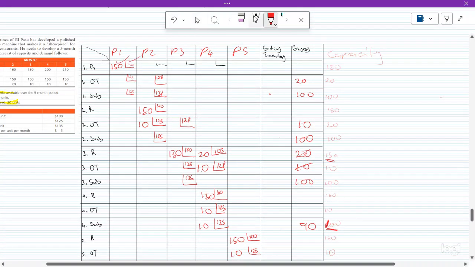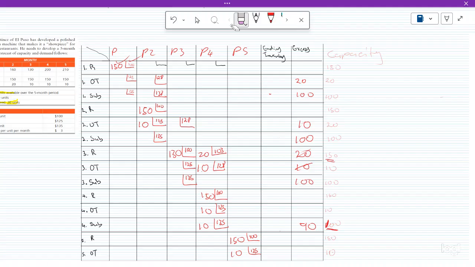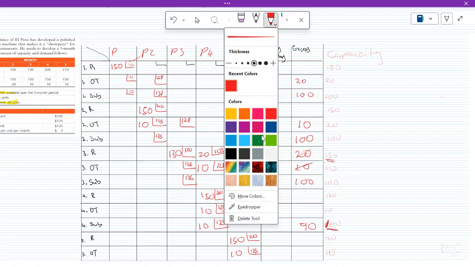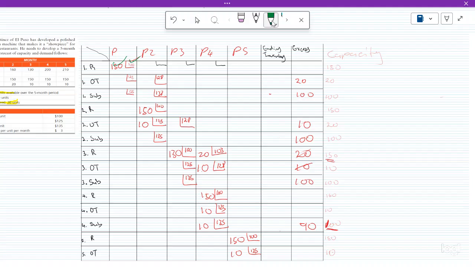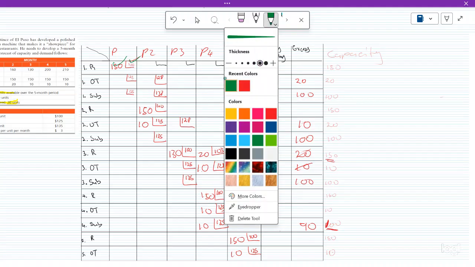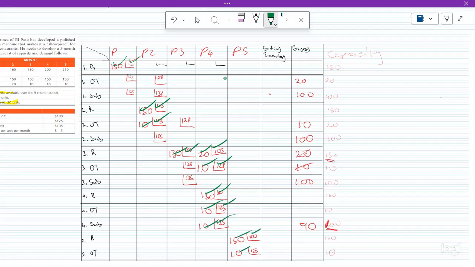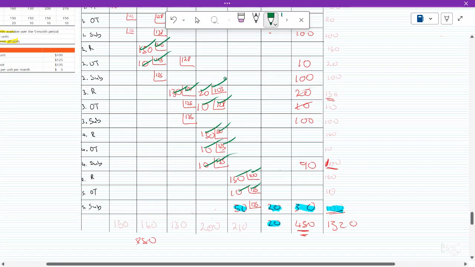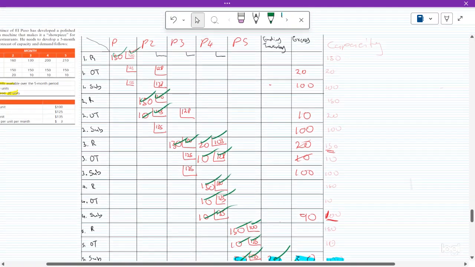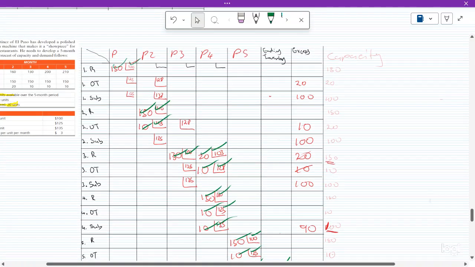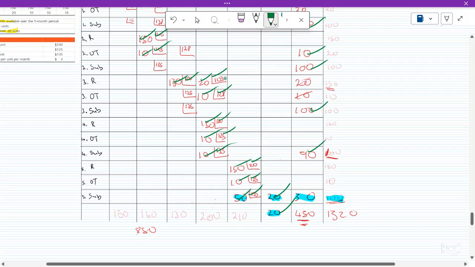One, two. I'll use a different color. One, two, one, two, and access also, and that, and that's important.